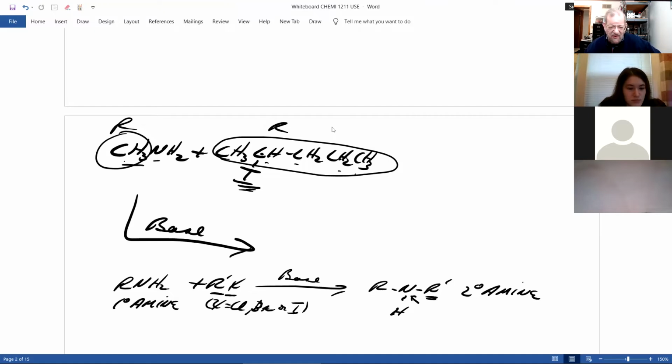And also, because I'm an organic chemist, I'll draw the first group: 1, 2, 3, 4, 5 carbons. That's good. This carbon that had the halogen will now be bound to my nitrogen. And then my methyl R group will still be there.